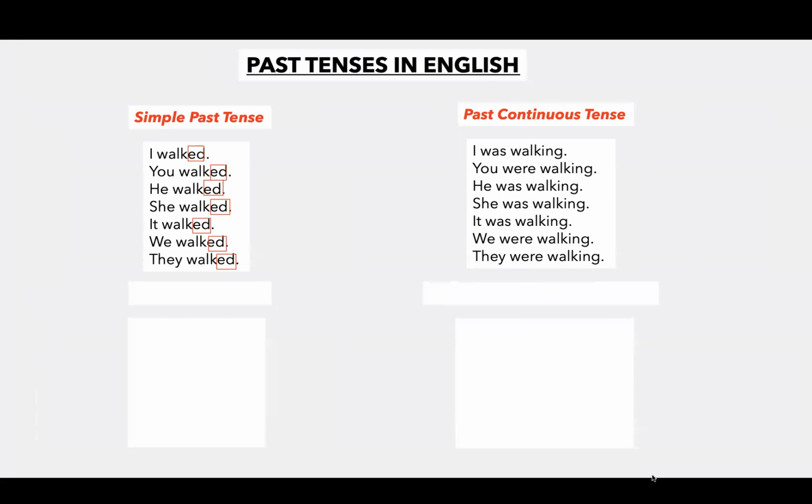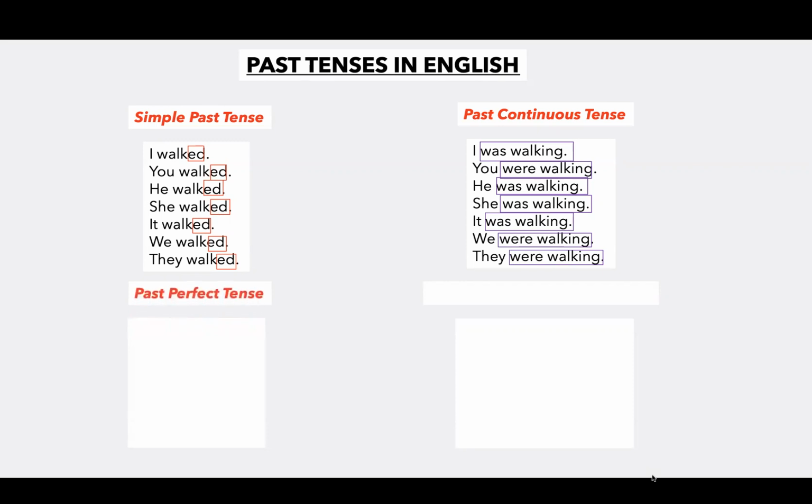Like I was walking, you were walking, he was walking, she was walking, it was walking, we were walking, they were walking. So in these examples, we use the present form of the verb, verb one, plus ing. So was walking, were walking, as you see.